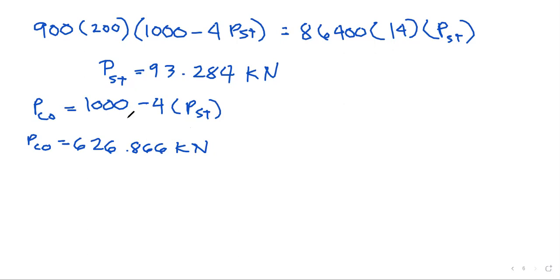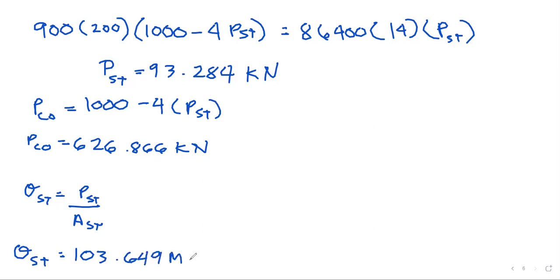Now we can solve the stress in each material. The stress in steel is equal to P steel over area of steel. 93.284 kilonewton, or 93,284 newton to get megapascal, moving three decimals, divided by 900, gives 103.649 MPa.